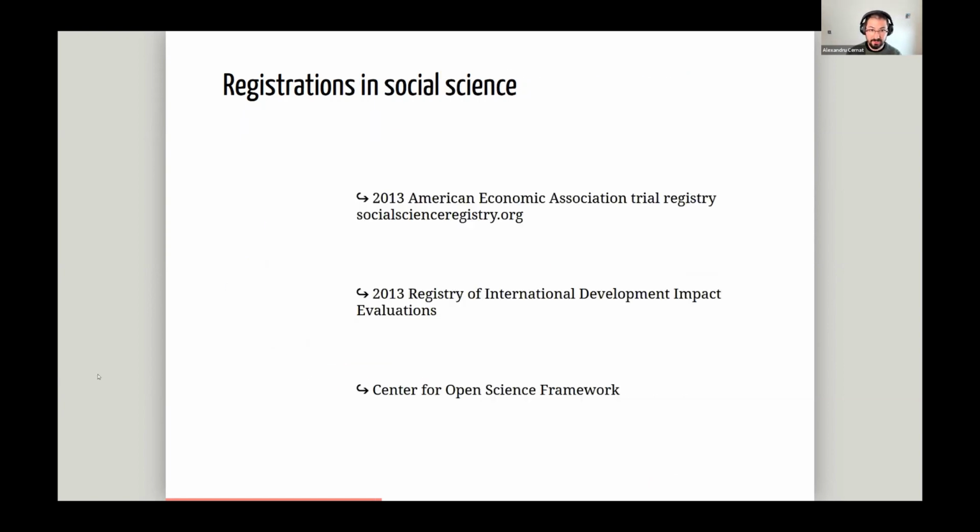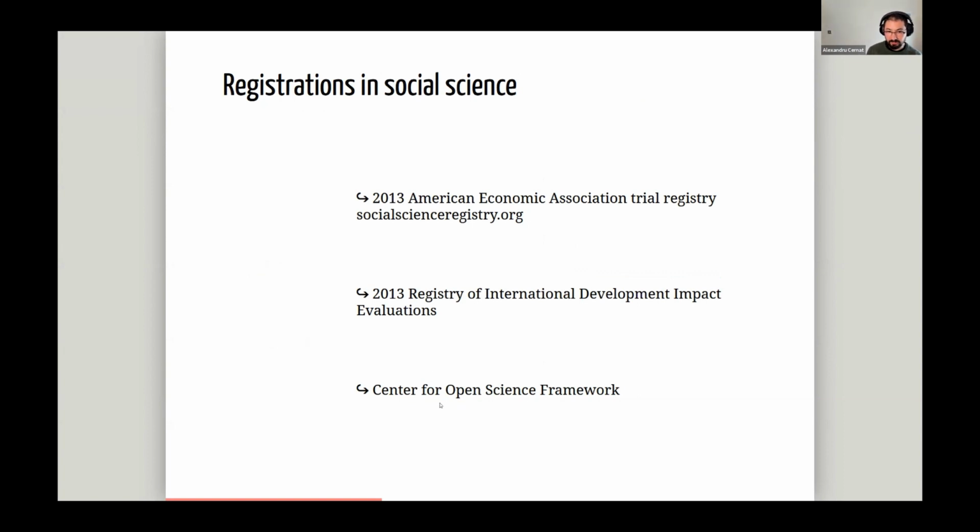Looking at the social sciences, there have also been websites or platforms developed to help with registration. For example, the American Economic Association developed a website called socialscienceregistry.org, where you can register your study or your trial in advance. There was one developed for international development.